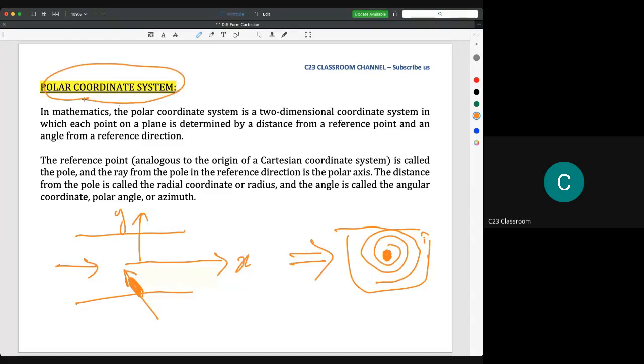That's why you need to understand these two types of coordinate systems. You can read here that the distance from the pole is called the radial coordinate or radius, and the angle is called the angular coordinate. These are the two basic parameters that you should know in polar coordinates.